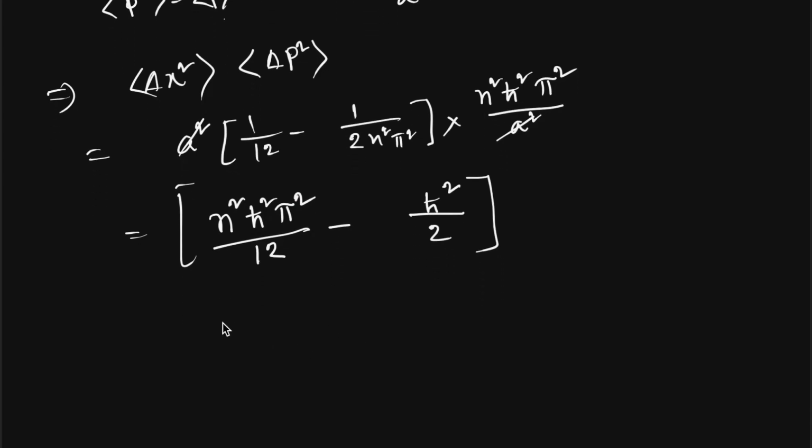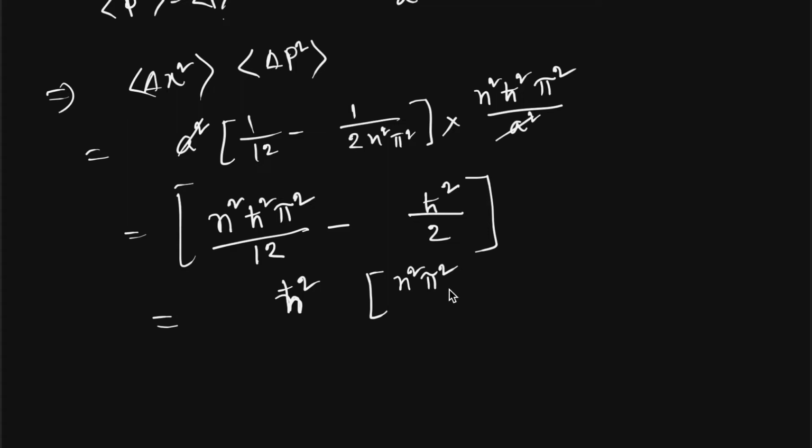So that means h cut square into (n square pi square by 12 minus half). Now evaluate the value. In the question it is asked to evaluate the value of the uncertainty product.